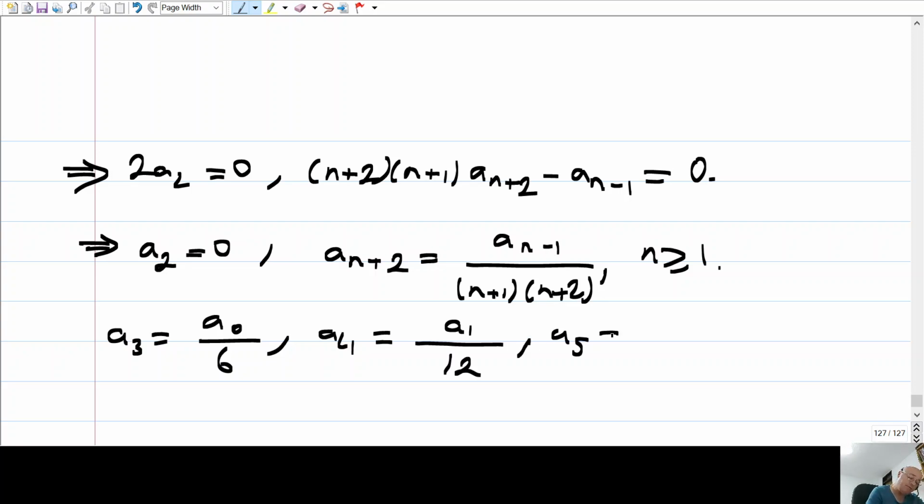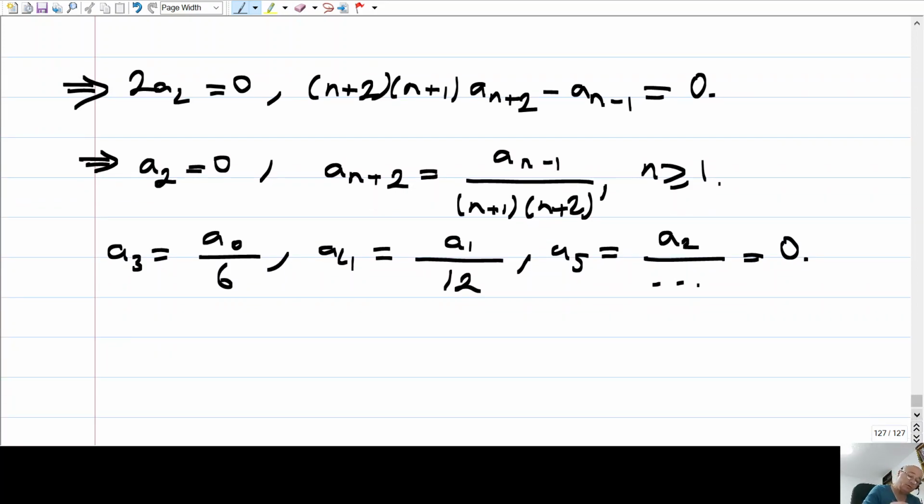What about a5? So n equals 3. When n equals 3, I have a2 here divided by something, but this is 0 since a2 is 0. And so on. Let's compute a couple more. A6, so n equals 4.